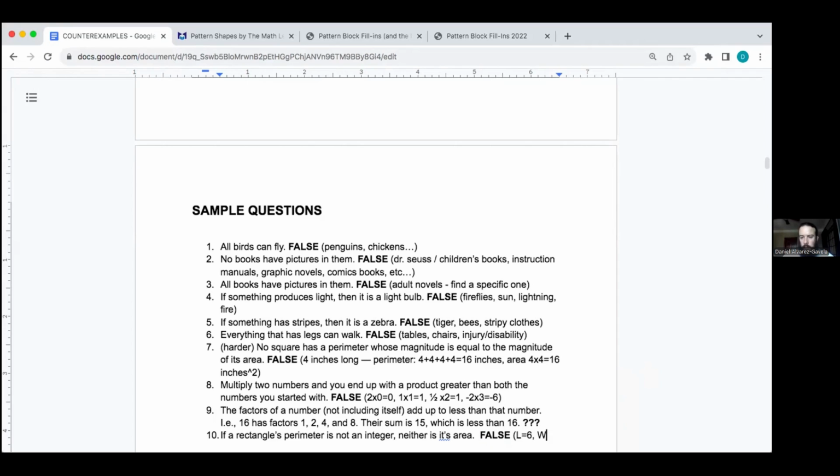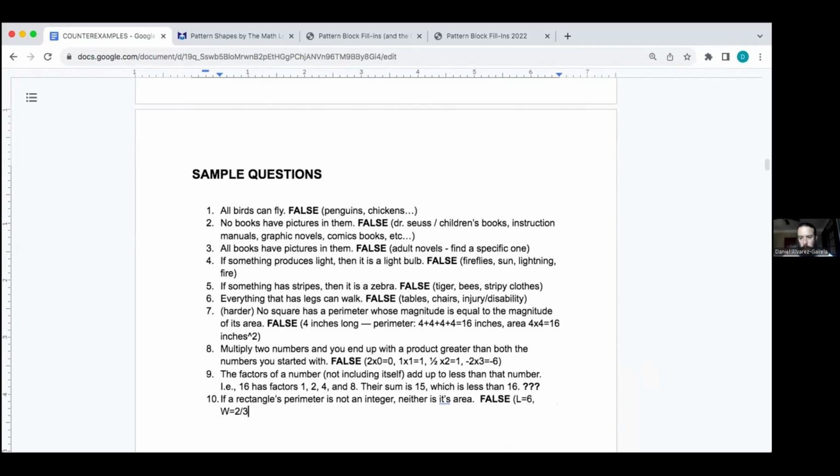So length equals 6, width equals 2/3. Thank you, Lincoln. So you see now that you have this concrete example, then maybe you can think about what made this example work, and you can think of other potential counterexamples. But it's fun because you're just fishing around to see what works, and you try things and so on and so forth.